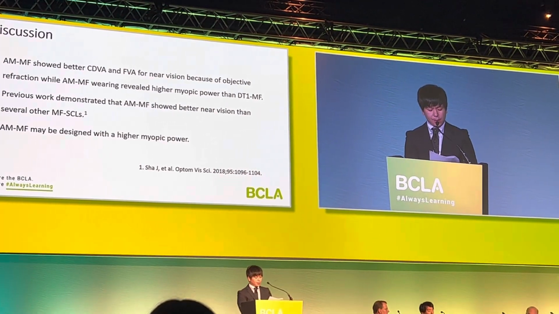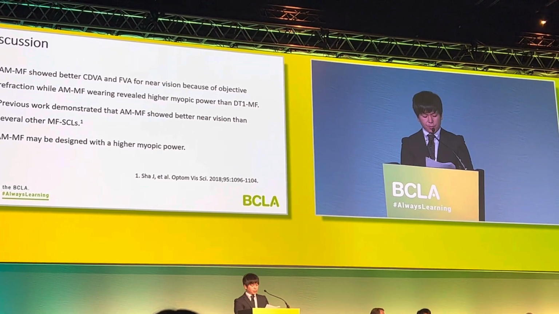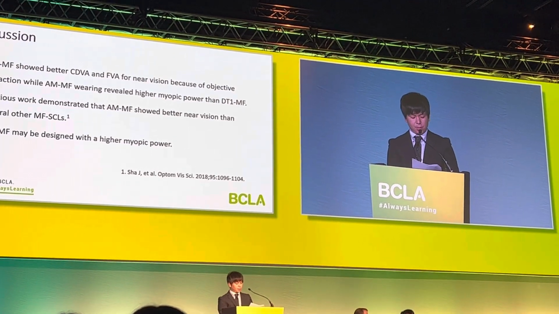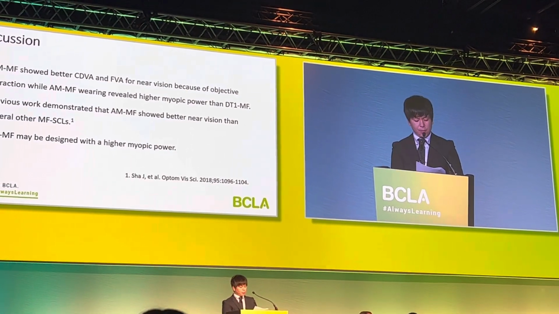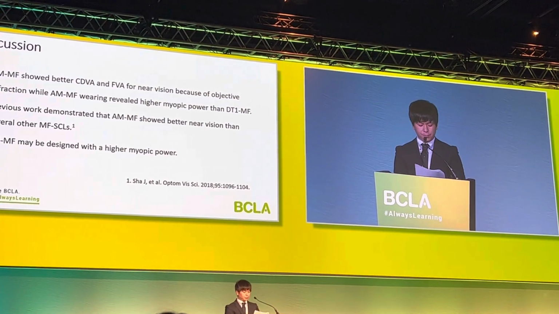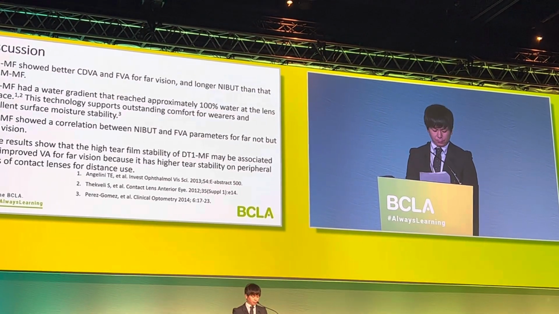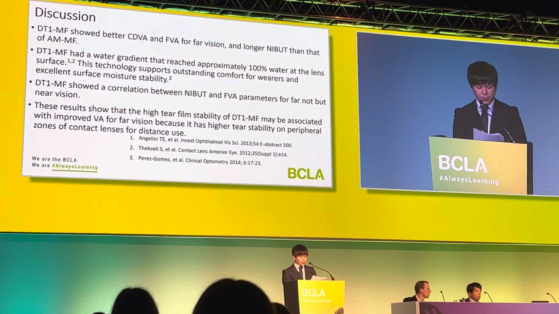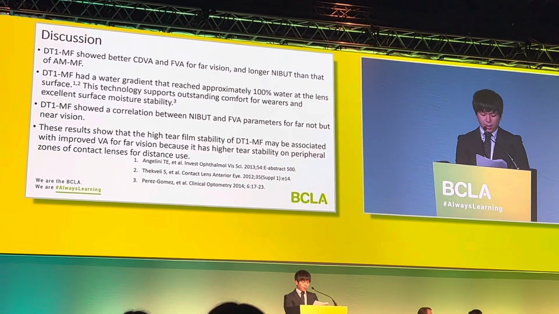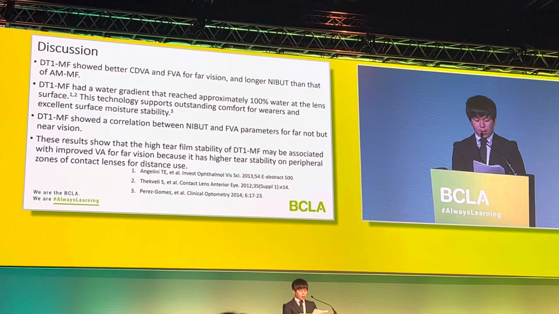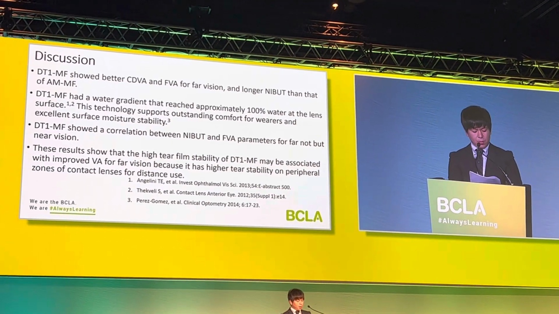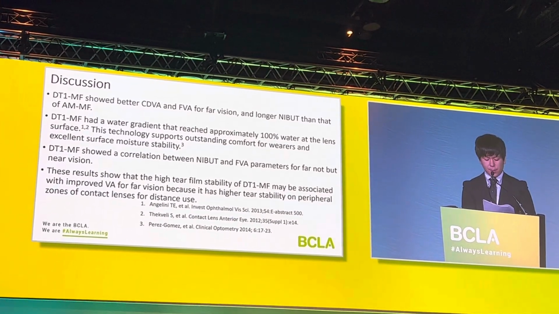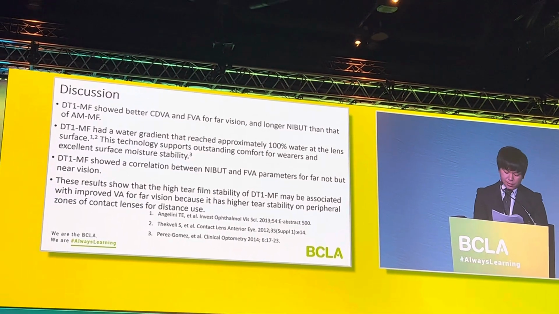Previous work demonstrated that AMMF shows better near vision than several other MF-SCLs. AMMF may be designed with a higher myopic power. DT1MF shows better CDVA and FVA for far vision and longer NIBUT than AMMF. DT1MF has a water gradient that reaches approximately 100% water at the lens surface.